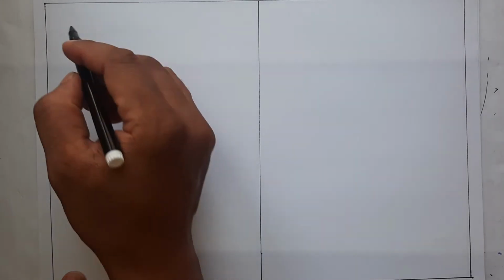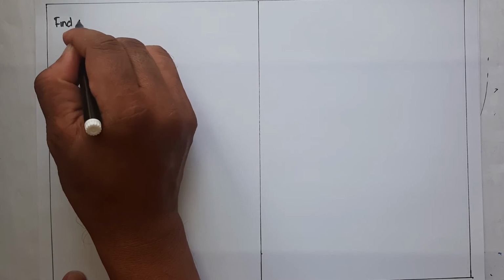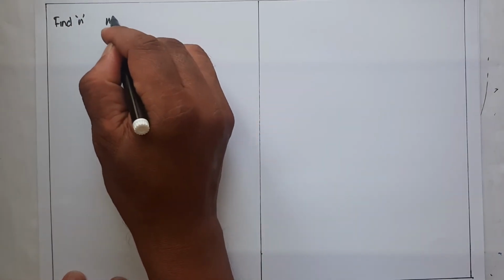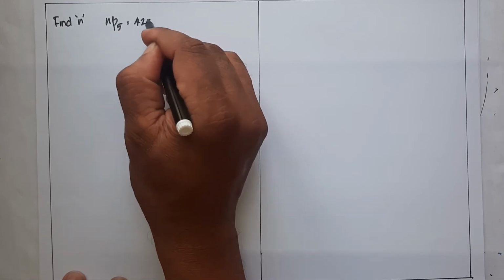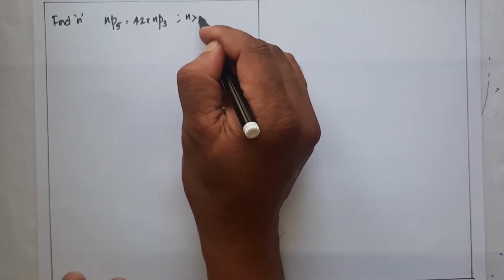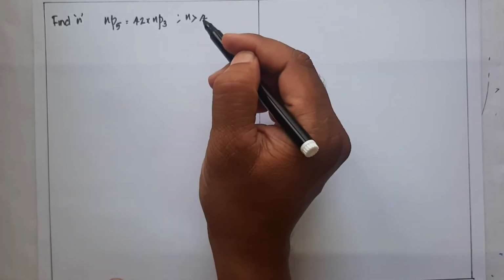Okay, now the next question is: find the value of n. Find n such that nP5 is equal to 42 into nP3, n greater than 4. nP5 is equal to 42 into nP3.